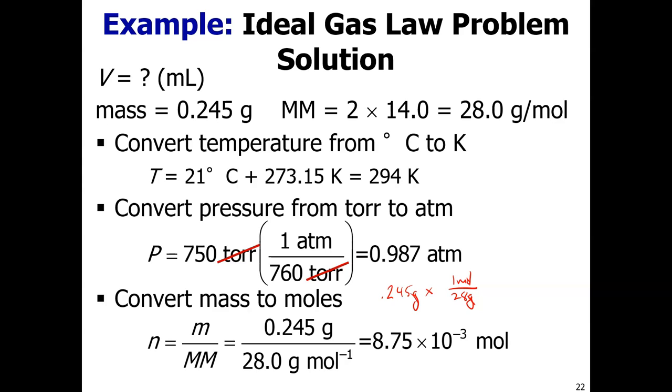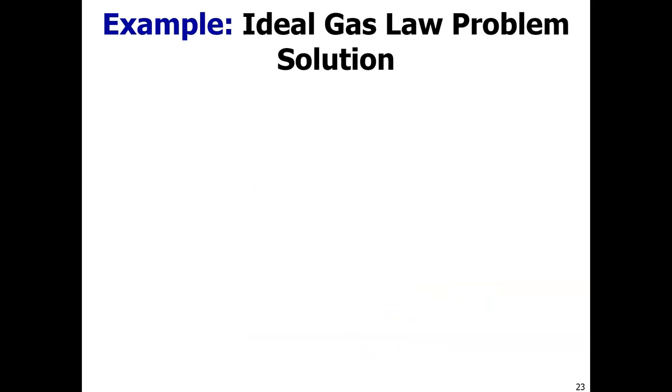That's the same thing that's essentially happening here, but it's laid out in a better way, the way we've been talking about for conversions, the factor label method. So this is the preferred way to show that. But in the end, we still get the same result. We get 8.75 times 10 to the negative 3 moles of compound. That's not a volume yet, so now I have to do a little bit more work.